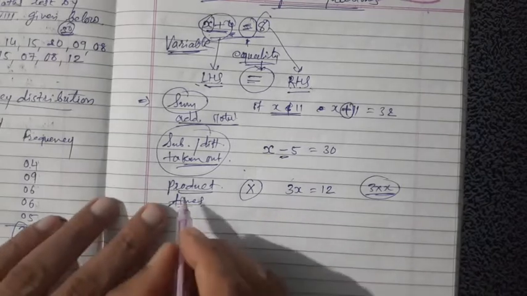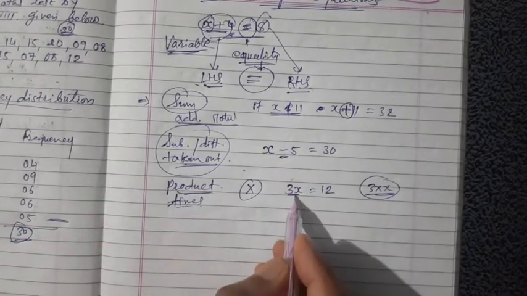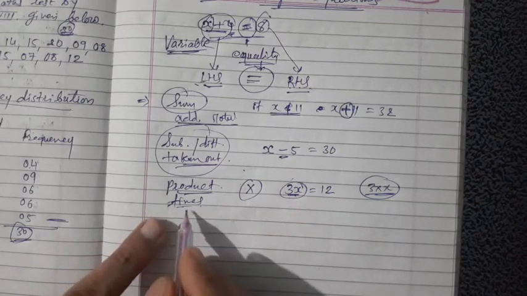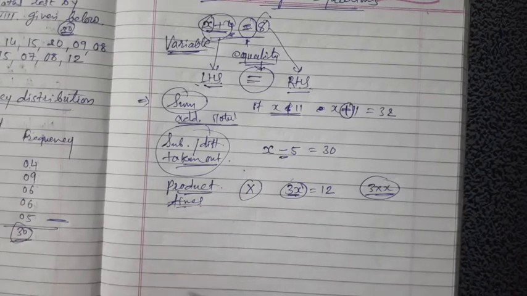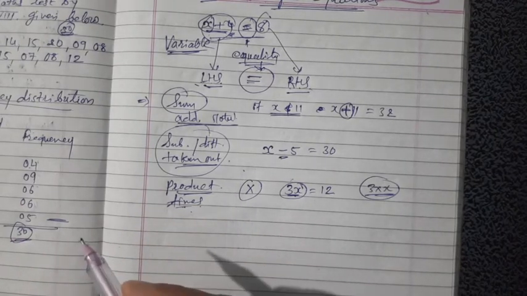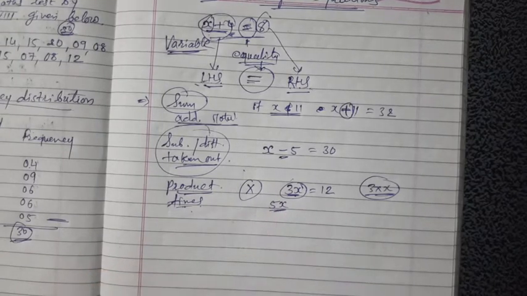Product means multiply. Times, 3 times x, that is also multiple. 3 times, 2 times, 5 times. 5 times x means you take x 5 times, means 5 into x.